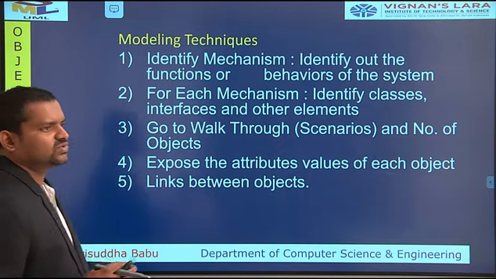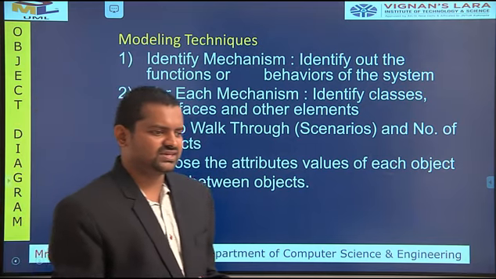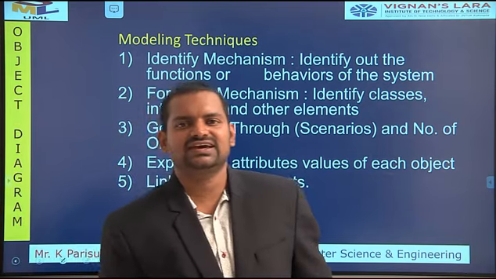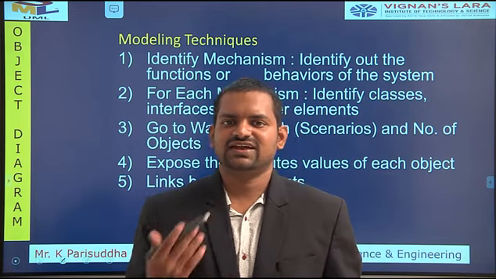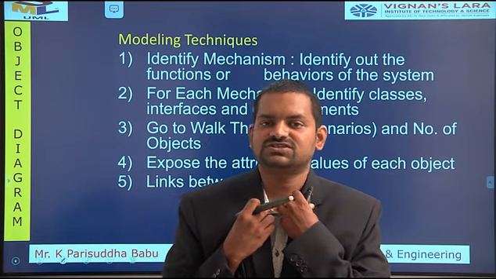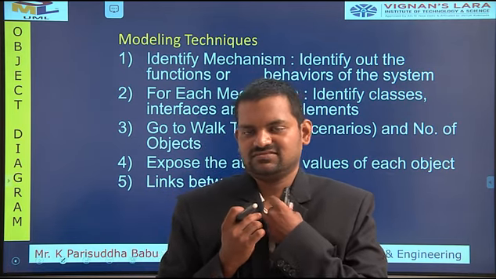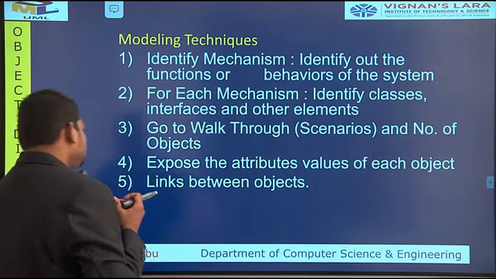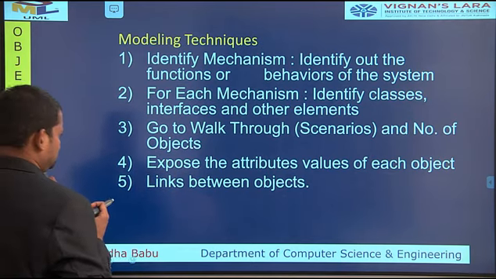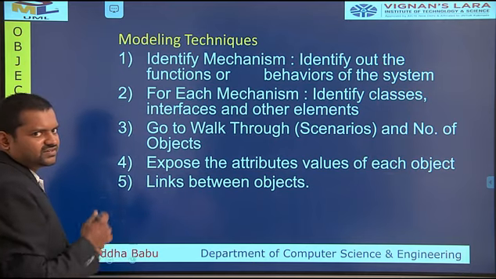With the help of that scenario, after finding the number of classes, you have to find the number of objects available there. Okay, so that is representing the walkthrough: the number of objects identification technique.